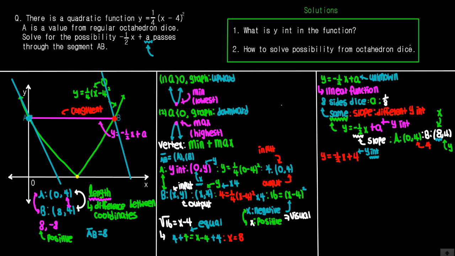So the second one is y equals -1 over 2x plus 8. So the values that pass through A and B are inside these two functions.